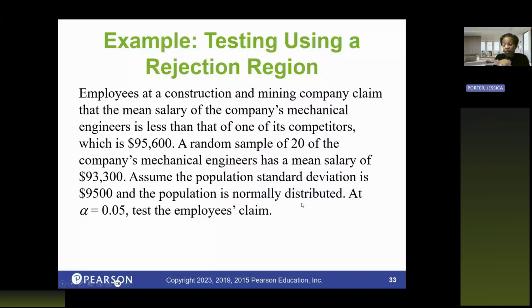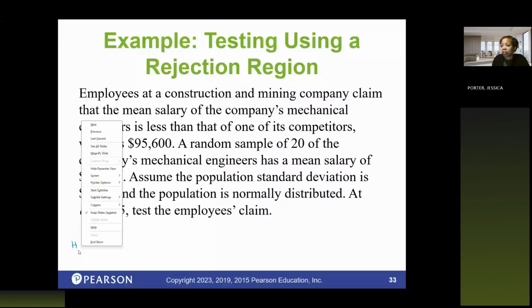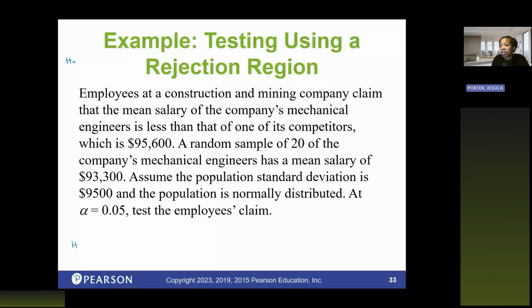We're going to use the rejection region method this time. I got a little more room here. What is the claim? The mean salary is less than.